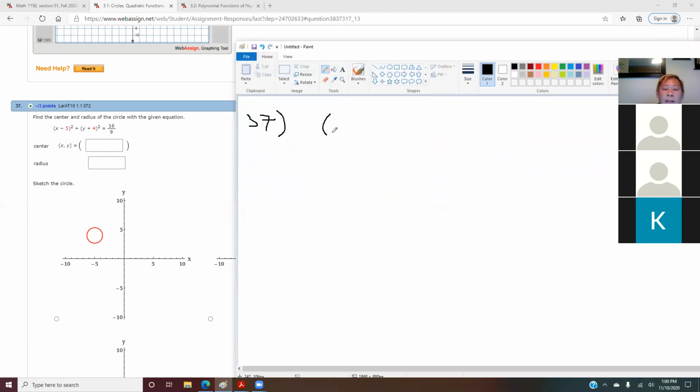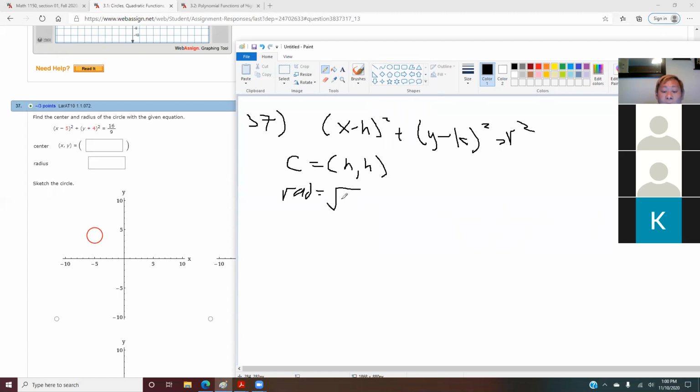The circle formula is given by (x minus h) squared plus (y minus k) squared equals r squared, where your center of the circle is (h, k), and your radius is the square root of r squared. Given this question, (x minus 5) squared plus (y plus 4) squared equals 16 over 9.